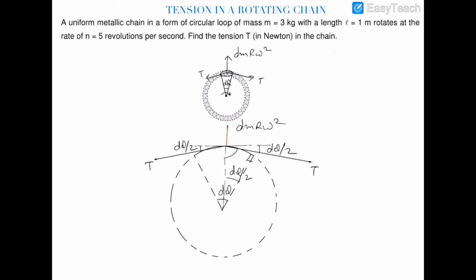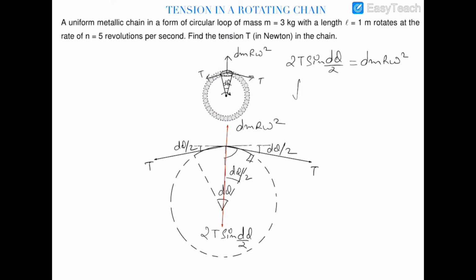So the component of the tension in the downward direction will be 2T sine d theta by 2, and this 2T sine d theta by 2 will be balancing dm r omega square.